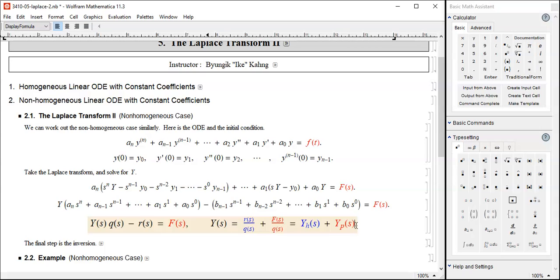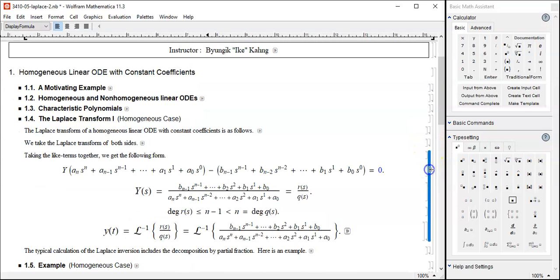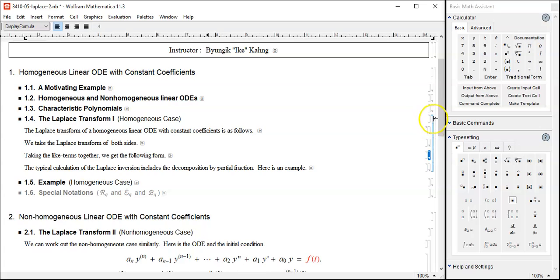So we can decompose. Now, do you remember all this about R of s over q of s? Have you seen this before? Yes, of course. It's coming from right here. It's exactly the same thing as the fraction that we dealt with in the homogeneous case, and its Laplace inversion is the general solution of the homogeneous equation.